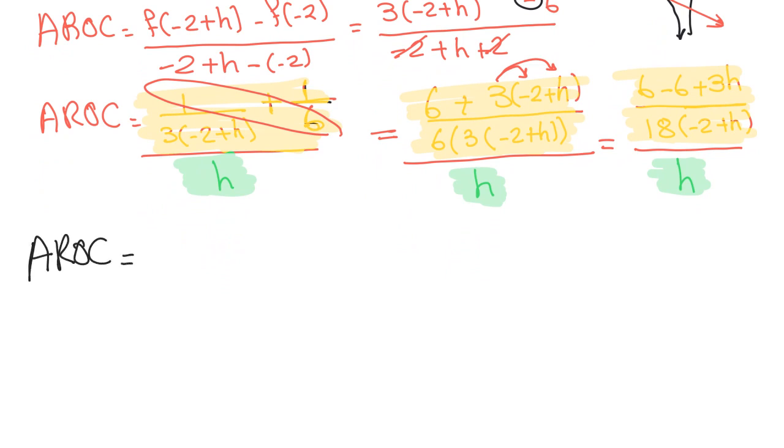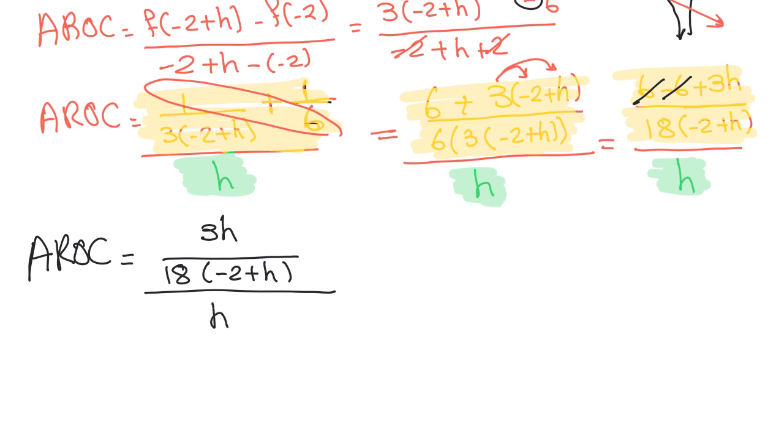So maybe if I multiply by 18 times negative 2 plus h in the numerator and the denominator to cancel the fraction that's embedded into the other fraction. In the numerator, I have 3h because the 6 and the negative 6 cancel each other out. And I have here 18 times negative 2 plus h. And it's all still divided by h. And you see a fraction that's embedded into another fraction.